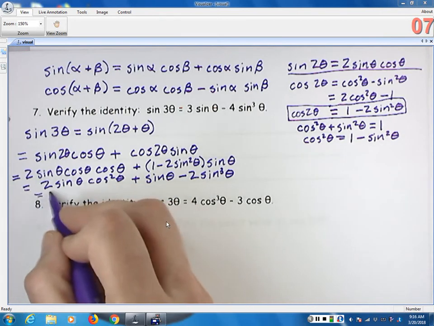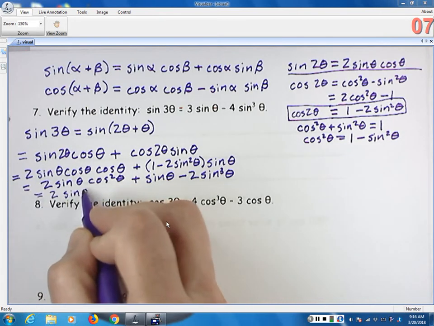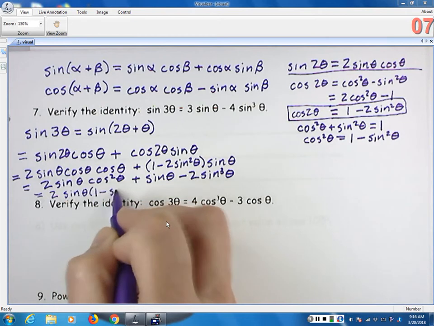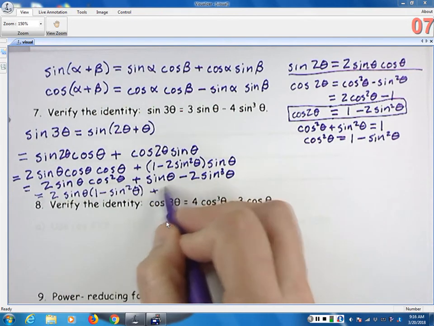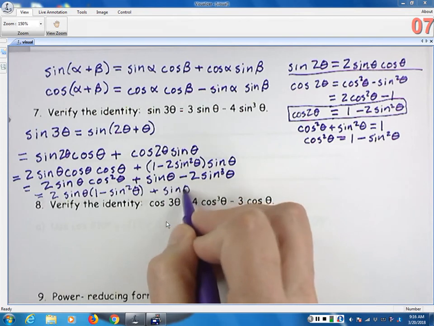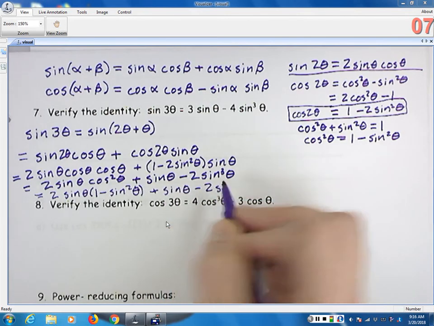Equals 2 times sine theta times 1 minus sine squared theta plus sine theta minus 2 sine cubed theta.